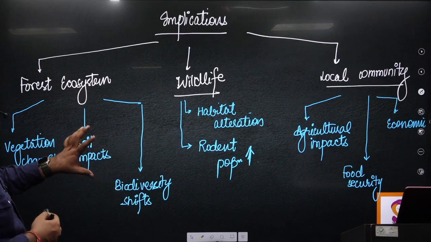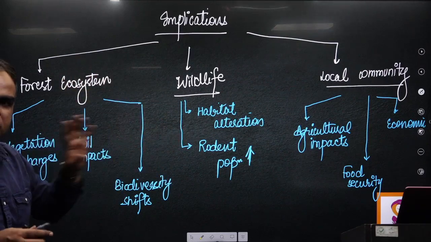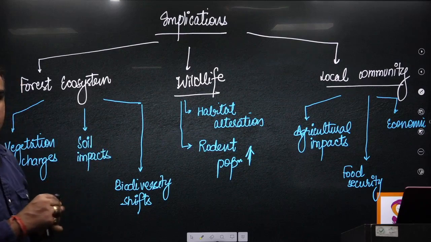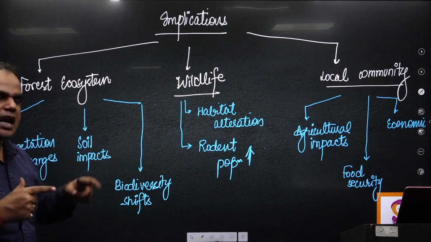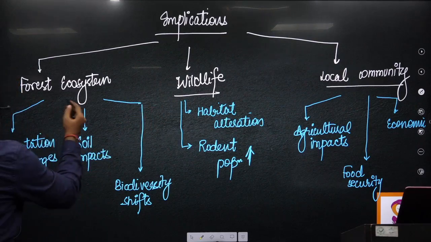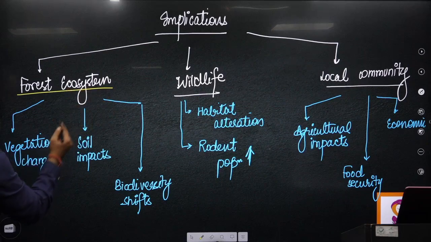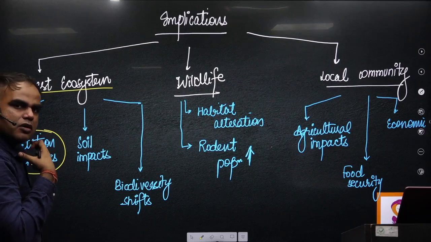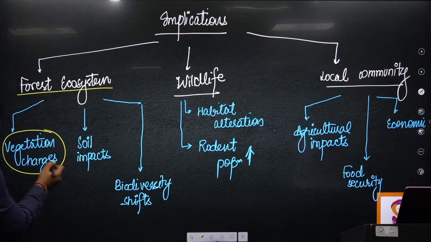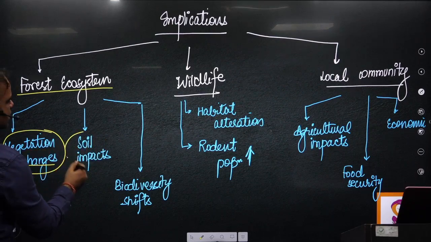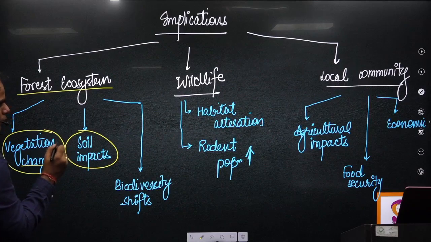Now, what are the implications? I've mentioned both the implications on ecology and on the community. On the forest ecosystem, the vegetation is going to change because the flowering will happen very fast over a period of time. It's synchronized flowering, so vegetation changes happen, and it impacts the soil also.